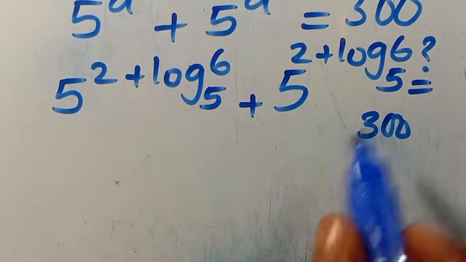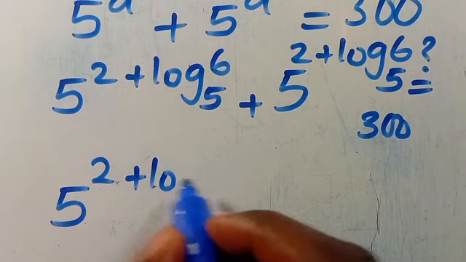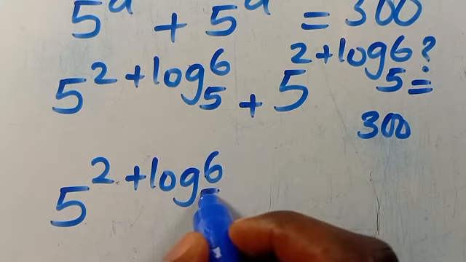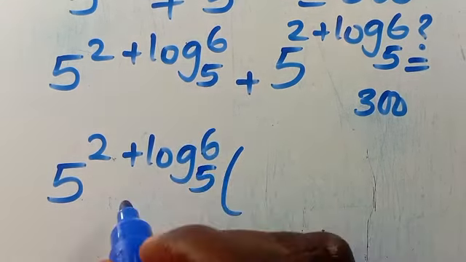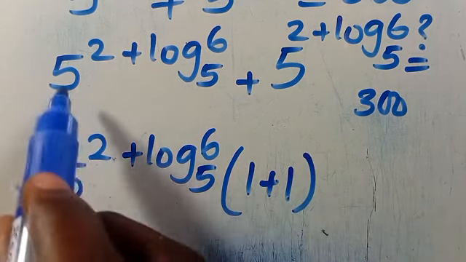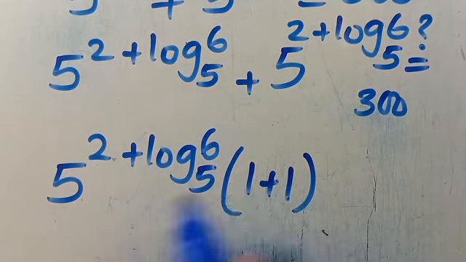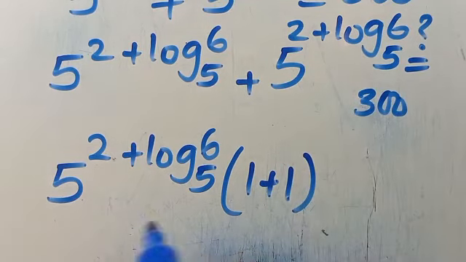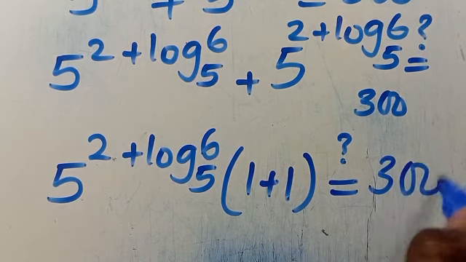This is repeated 2 times, so we can factor the first one out, 5 to the power of 2 plus log 6 in base 5. We have to open this parenthesis. This one divided by this will give us 1. This also divided by this will give us 1. Because we have 5 to the power of 2 plus log 6 in base 5 the same as this, the moment they divide, we have 1. Then it's going to give us 300.